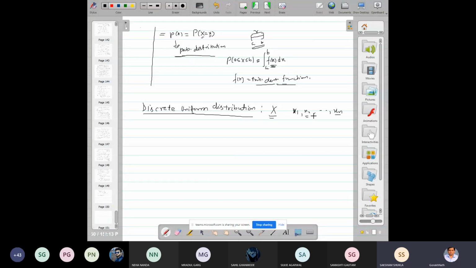In that case, the distribution is known as discrete uniform distribution. Here the values of the random variable are discrete, but the probability of occurrence of each event is the same.